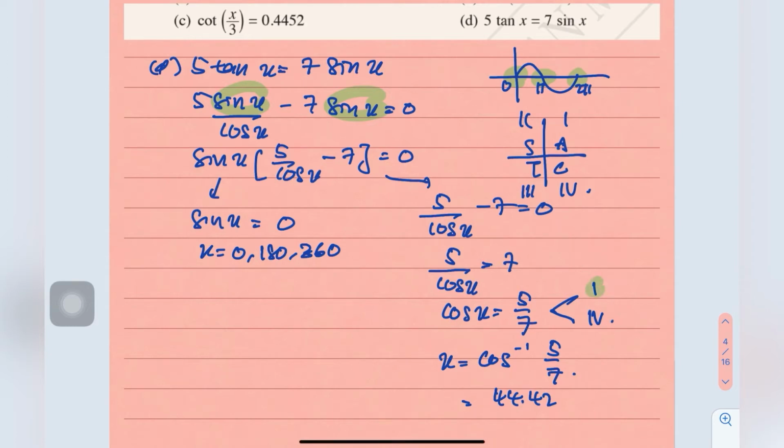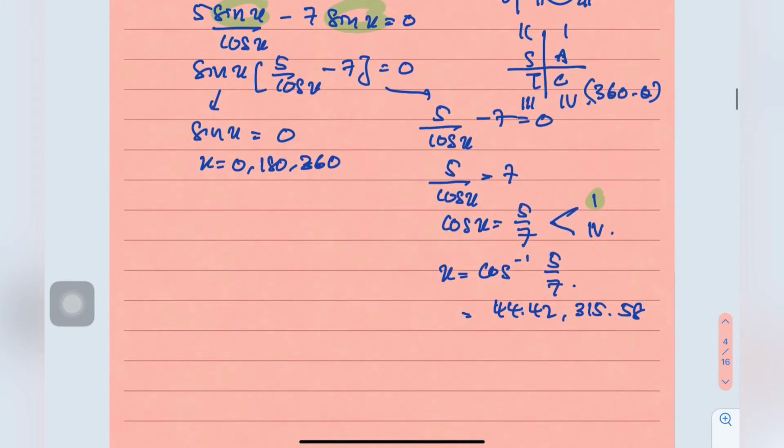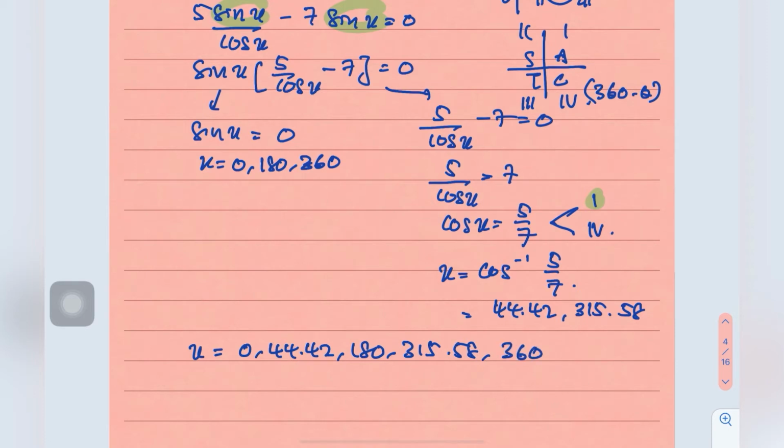To find the angle in quadrant 4, it is 360 minus theta, the corresponding acute angle. So 360 minus 44.42 is 315.58. Finally we conclude that x equals 0 degrees, 44.42 degrees, 180 degrees, 315.58 degrees and 360 degrees.